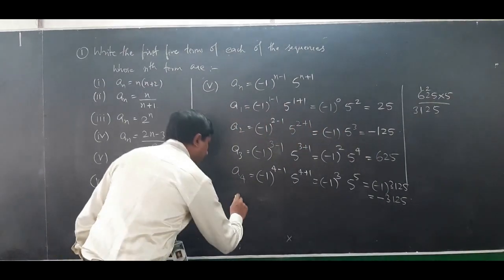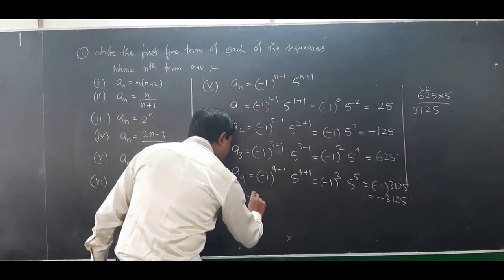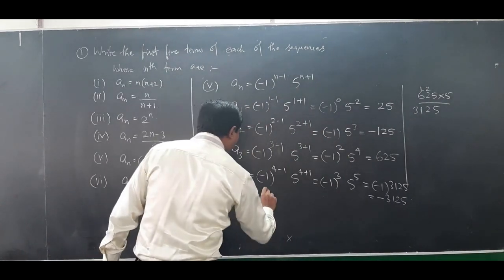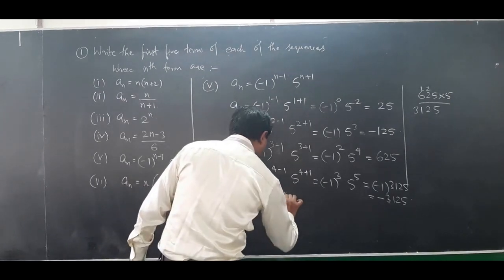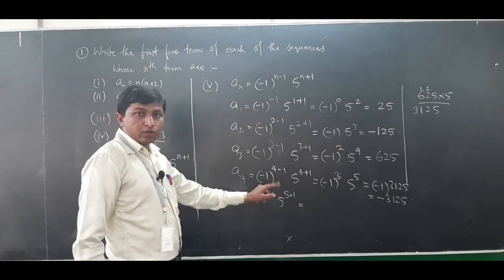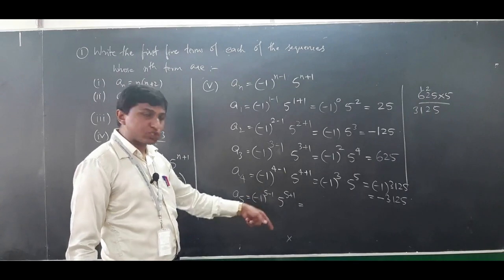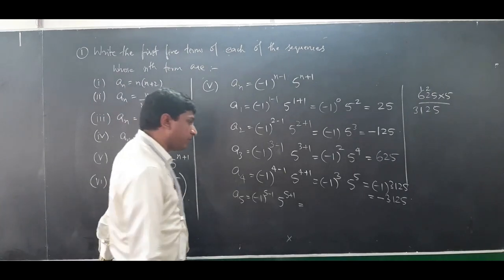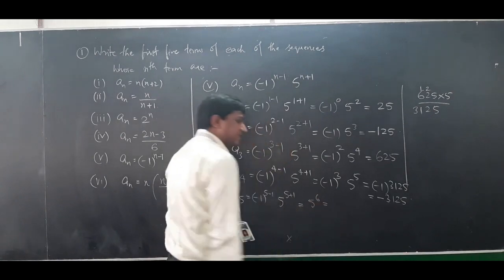So that is minus 3125. Then the fifth term, A5, is nothing but minus 1 power 5 minus 1 into 5 power 5 plus 1. So that is minus 1 whole power 5 minus 1 is minus 1 whole power 4 is plus 1. So this is plus 1. 5 power 5 plus 1 is 5 power 6.